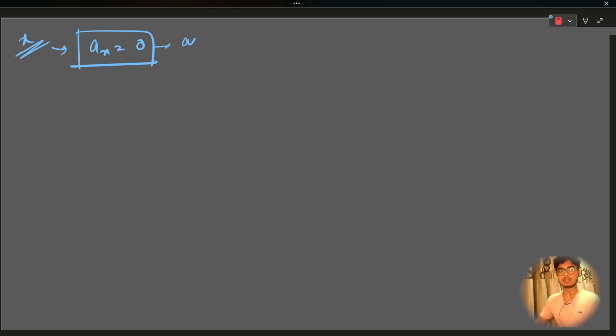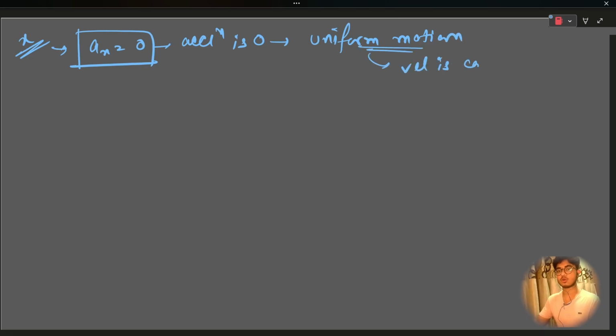And when acceleration is 0, that means uniform motion, which means velocity is constant. So Vx would be constant.